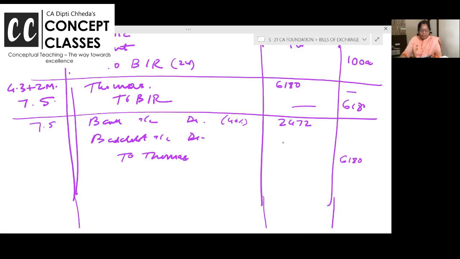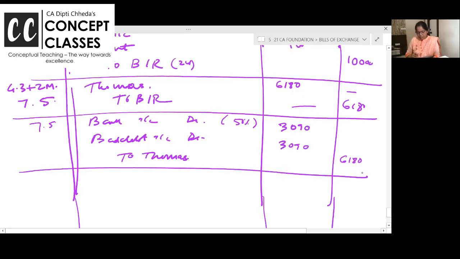Arey, why I'm doing 50%? Really sorry. 50%. I took the figure from next problem. Thomas became insolvent and 50% could be recovered. So 6180 divided by 2. 3090 आ गया और 3090 bad debt है. Over and out. Done.